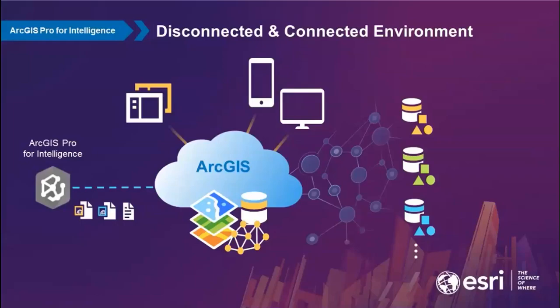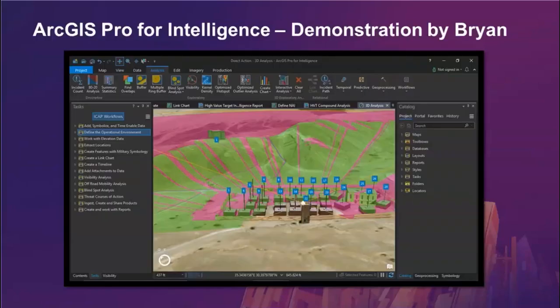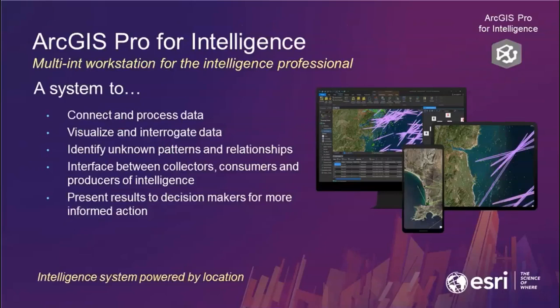Okay. Thank you, Brian, for this Hawala demo. So in summary, let's move to the next slide. So in summary, ArcGIS Pro for Intelligence is a multi-INT workstation that is part of a larger enterprise system that empowers you as the analyst, your section, your team, and even your unit.